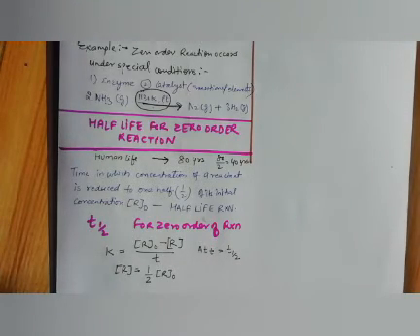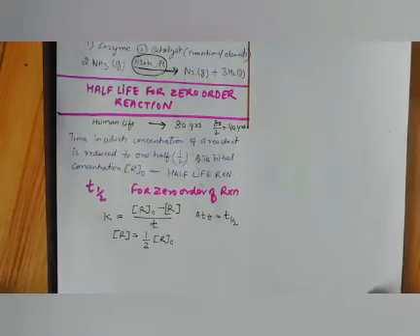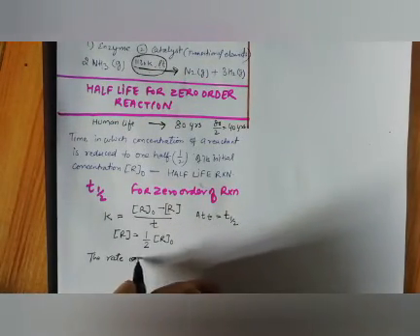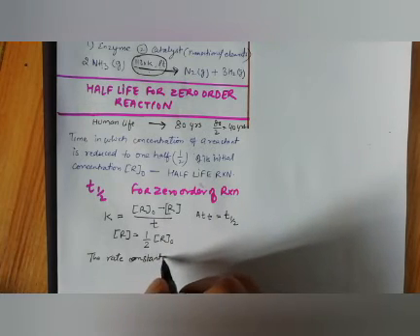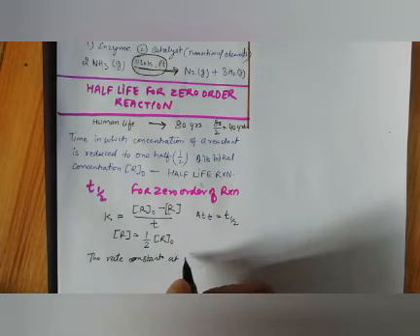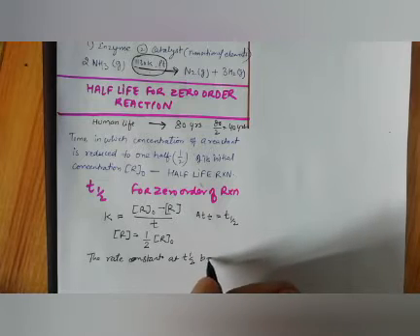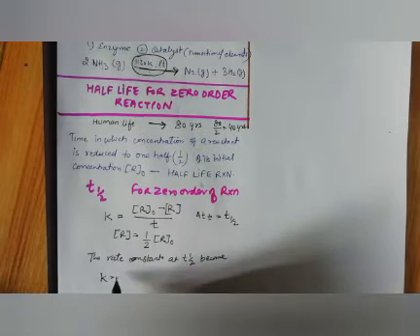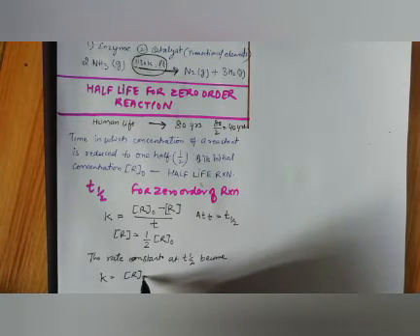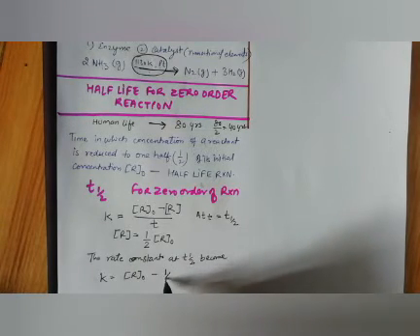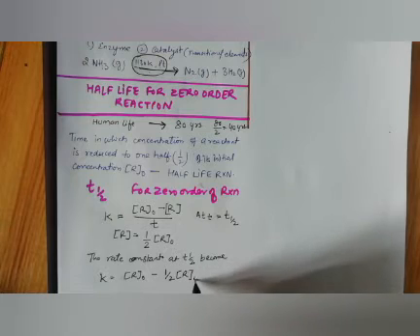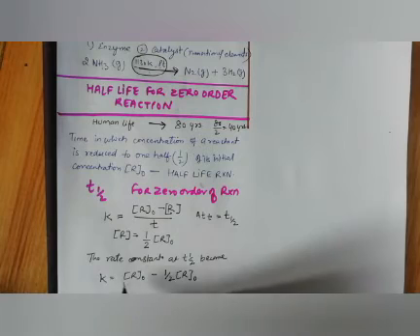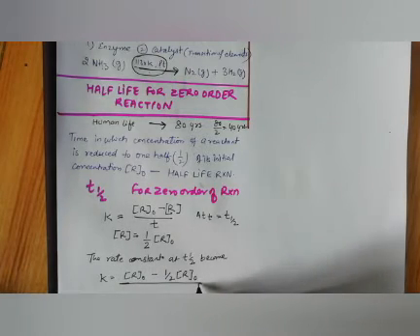Got my point? So the rate constant at T half becomes K is equal to R naught minus half R naught upon T half. Just substitute it.